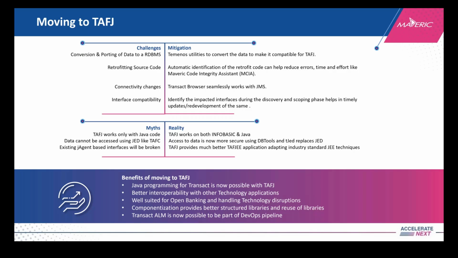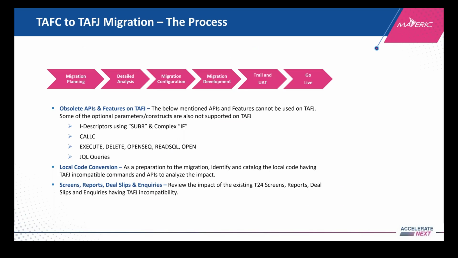I'll quickly walk you through the actual migration process. It's very similar to what we saw in the upgrade process. Again, we will be doing a migration planning, and then a detailed discovery and scoping of your existing implementation. Then we will do the configuration on the TabJ implementation, then the retrofitting and any other compatibility coding that has to be done, then testing, and then go live.